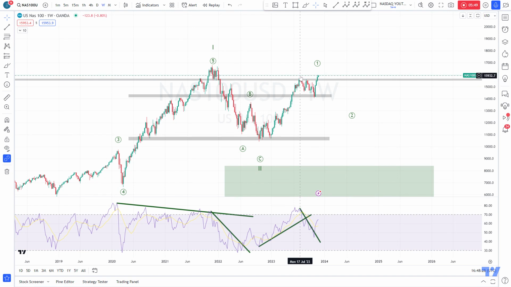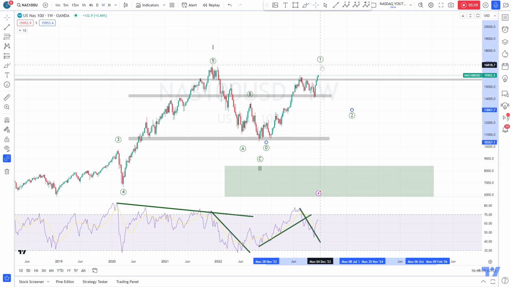For the moment I will still discuss this here in the weekly. So now the question is, as we have this fifth wave up, we already fulfilled the minimum requirement to have a complete structure. What the fifth wave should do is take out the wave 3 high, and this is what we do.